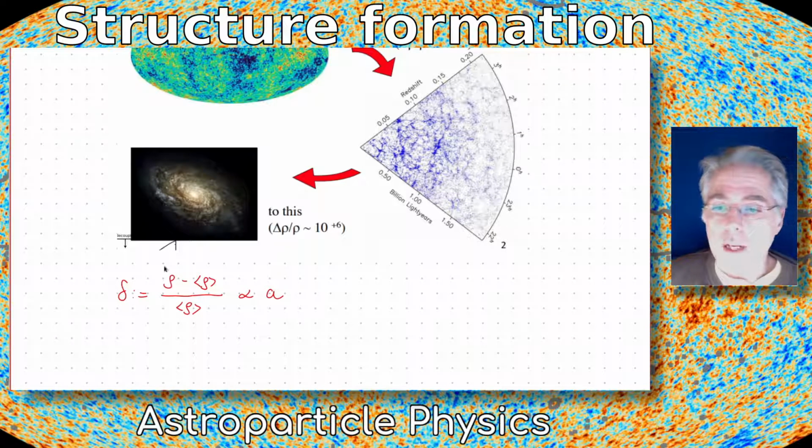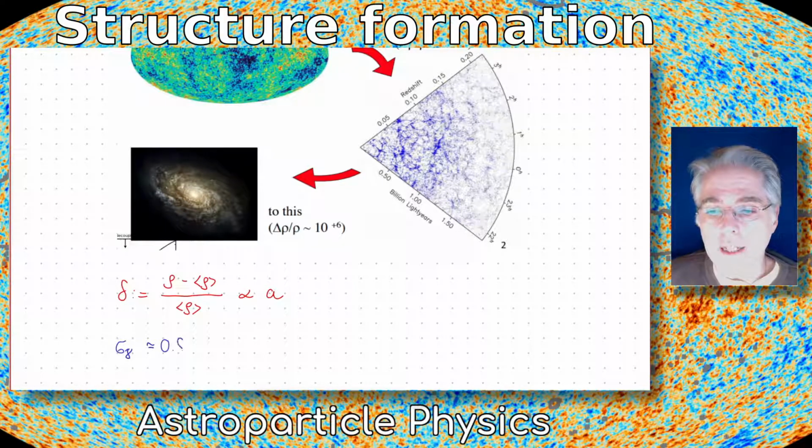This value is measured, that's the so-called sigma 8 value. And that's of the order of 0.8, a little bit larger than 0.8, but it's about a unity value.